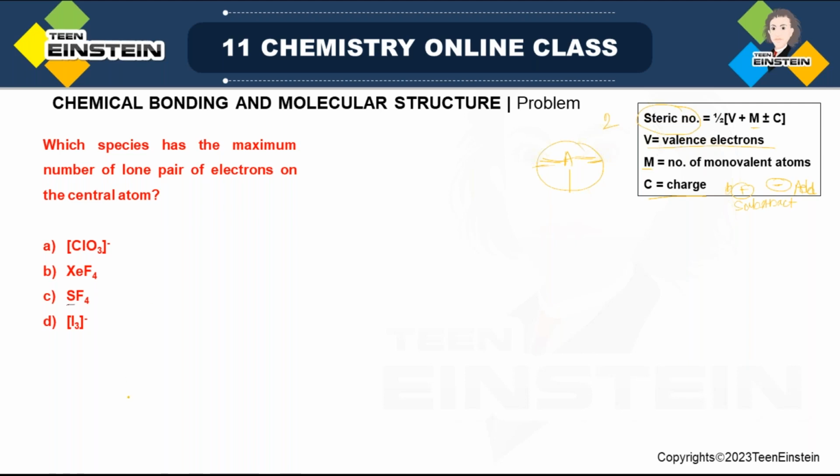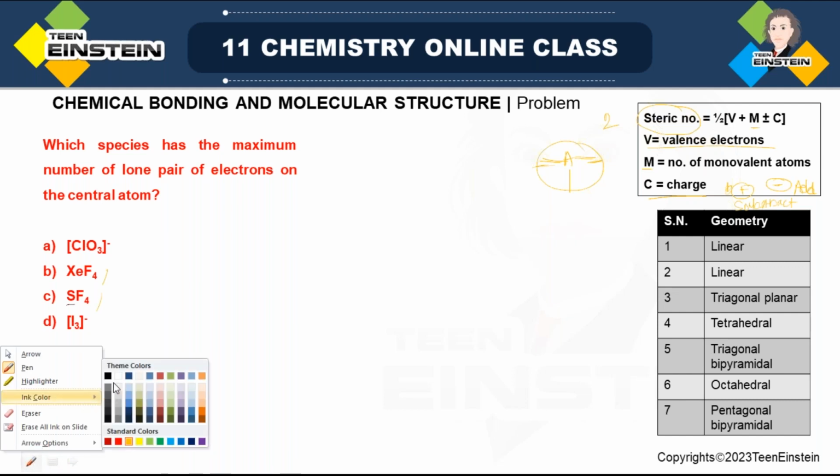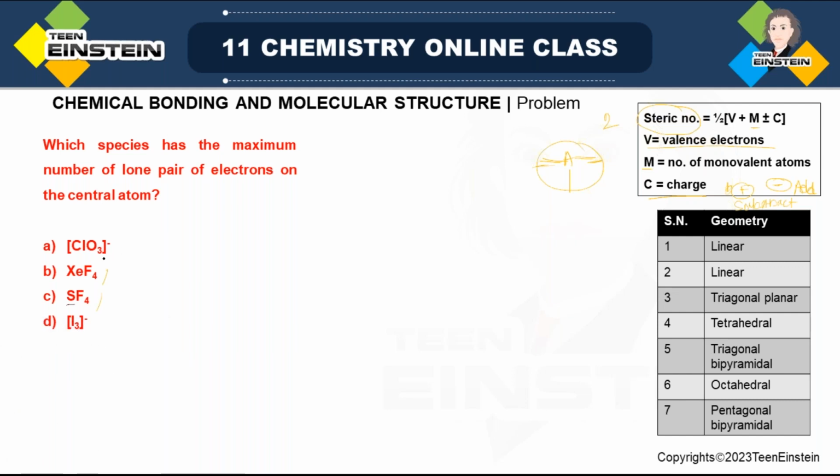Okay. So in this case, we have 2 neutral species, XeF4 and SF4, and we have 2 anionic species. Depending on what steric number you get, you will have all these geometries, that you can see in this table. Fine. So one by one, if we solve these, probably we will not be able to finish, but let's try.